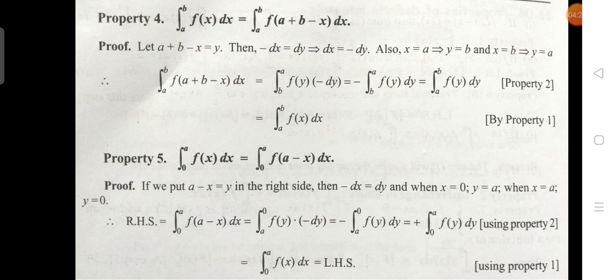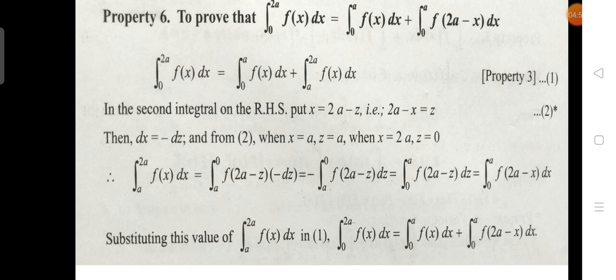The next property is the integral from 0 to a of f of x dx equals the integral from 0 to a of f of a minus x dx, where a is a constant. These two are also equal.